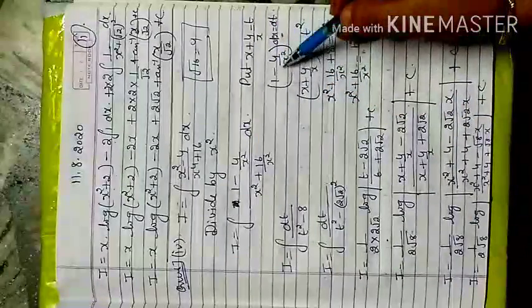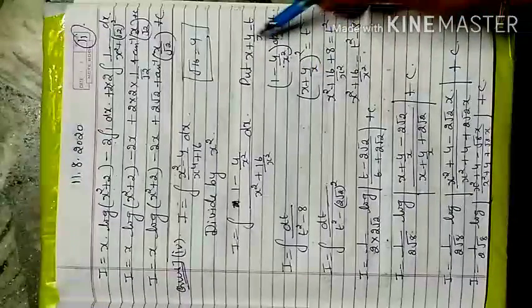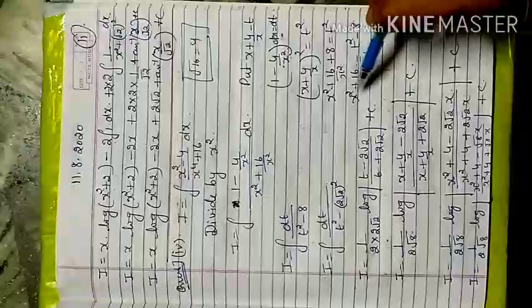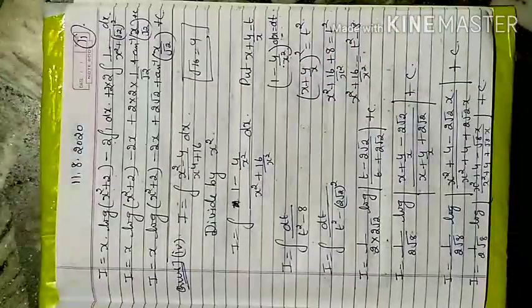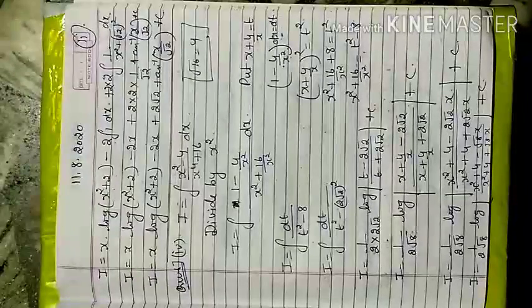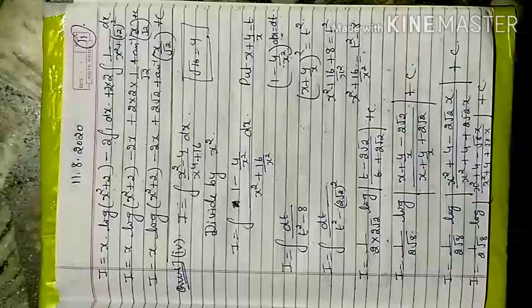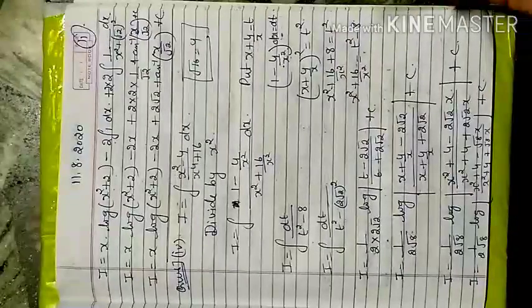So when you differentiate, 1 minus 4 by x square dx is equal to dt. Then squaring both sides of this equation, we easily get the denominator x square plus 16 by x square is equal to t square minus 8. Ultimately my purpose is the same: to remove the numerator and arrange the denominator in such a way that I can apply directly the formula x square minus a square, or x square plus a square, among these three formulas.